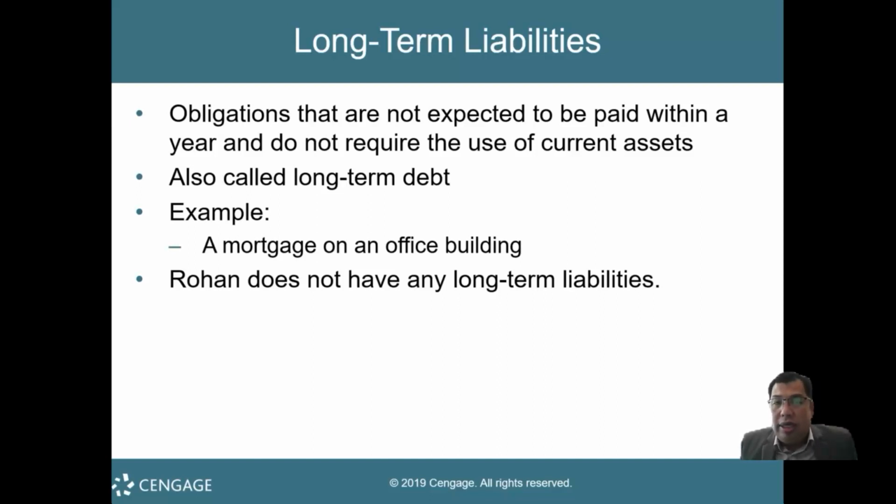Long-term liability is an obligation not expected to be paid within a year and that does not require the use of current assets, also known as long-term debt. For example, a mortgage on an office building or a loan from the bank for more than 1 year falls under long-term liabilities.